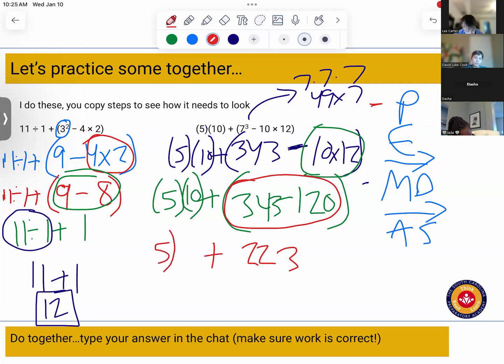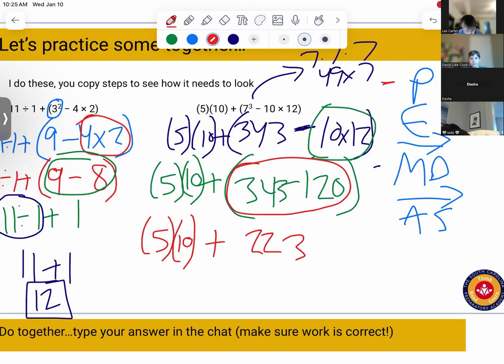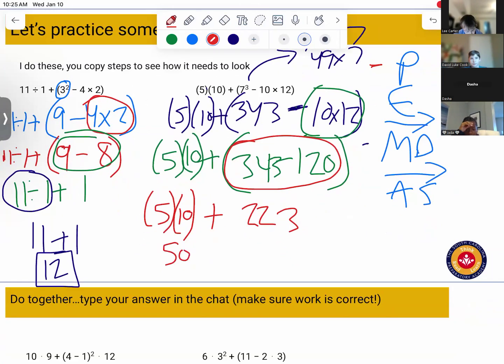Now, if you got to here and you're like, but I can really go ahead and do 5 times 10. At that point, probably so. Okay. But that would be the only one so far that I've seen okay with working ahead on. So then 50 times 223 is 273. Okay. What questions do we have here?